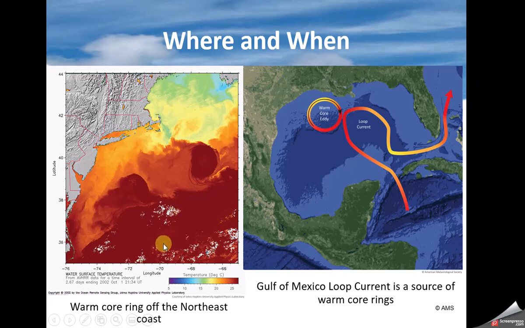Many times hurricanes develop, move across the Gulf Stream, and actually intensify because the Gulf Stream is fairly warm, warmer than the central part of the Atlantic. And the Gulf of Mexico is some of the warmest water on Earth. So that's why sometimes hurricanes can really fire up in that area.